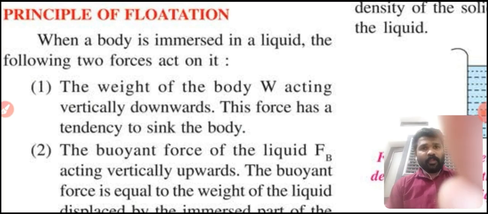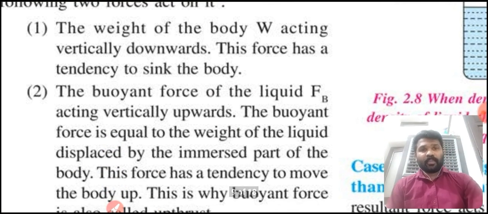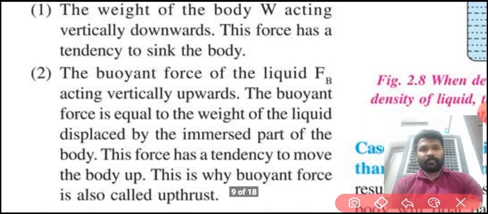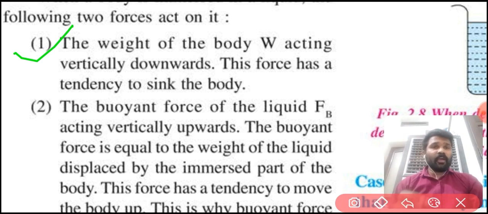When a body is immersed in a liquid, the following two forces act on it. First one, the weight of the body W acting vertically downwards.